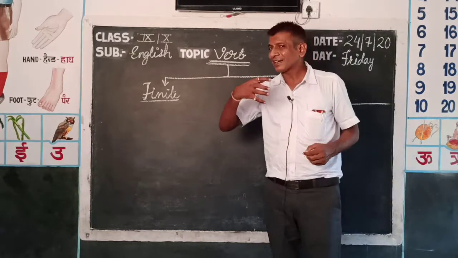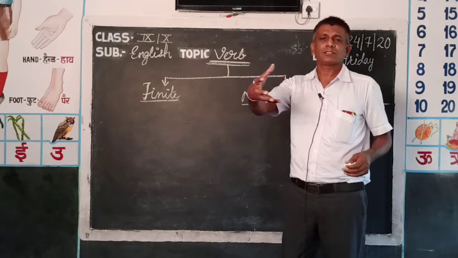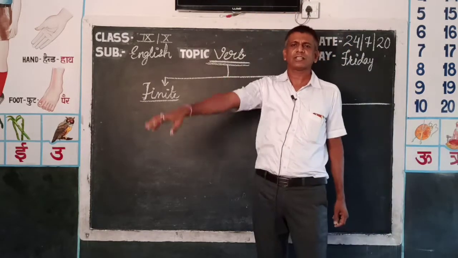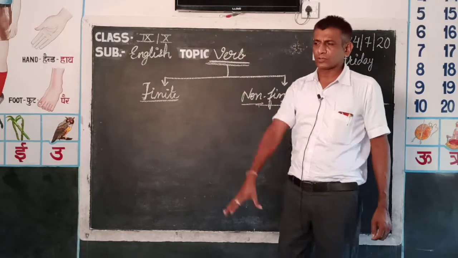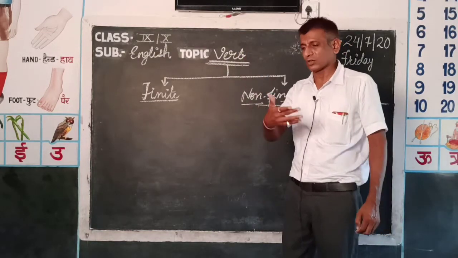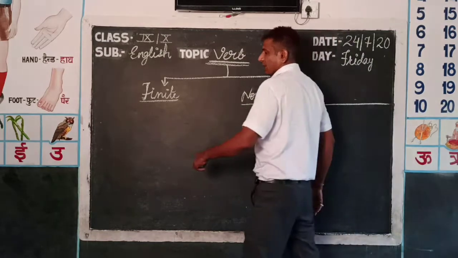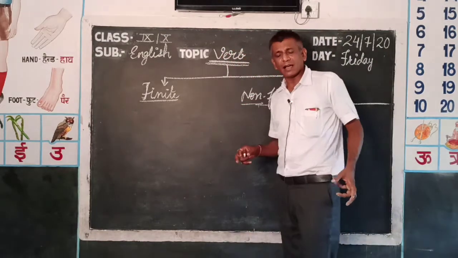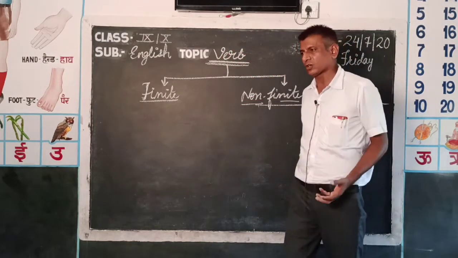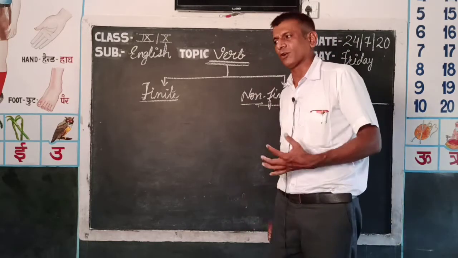Now, what are their original grammatical names? If you look in the Oxford Dictionary or any standard book, you will not find the names first, second, third. So how many forms of verbs are there? Mostly you will talk about 3 forms and 4 forms.